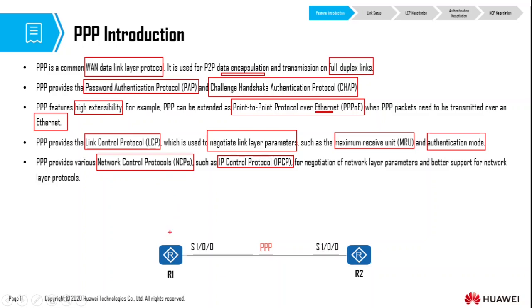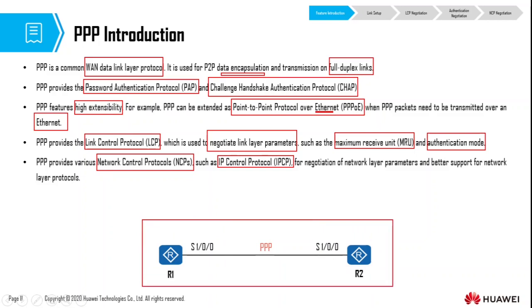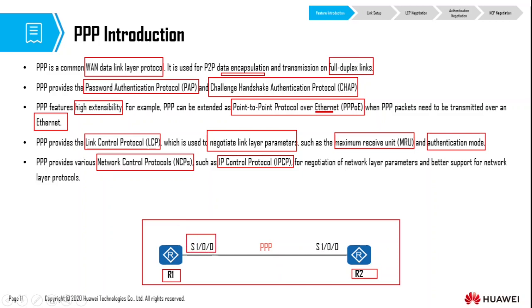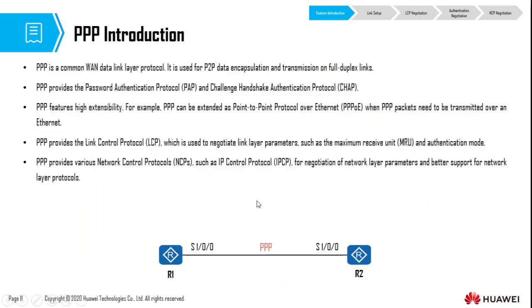From this diagram, with PPP, we have two routers. For example, R1 is the CE customer edge router, and this is the provider edge router here. And we have the interconnection between serial interfaces. It is PPP that is going to negotiate and ensure that the interconnection between these two routers is successful, as we are going to see.